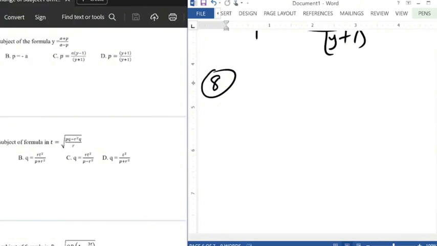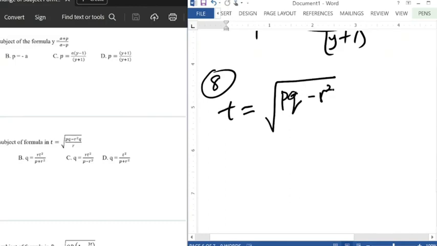Question number 8, we have make q the subject of formula here, and we have t equals the square root of pq minus r squared q divided by r. So the first thing is to square both sides. So this will be squared, then the square cancels the square root.